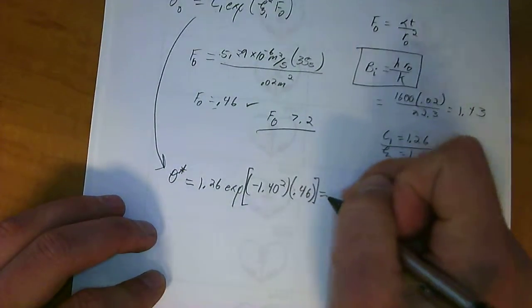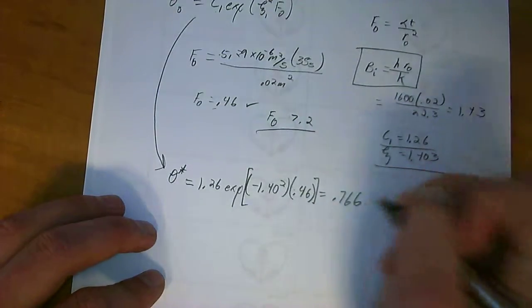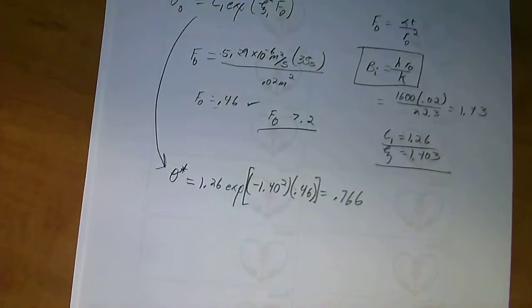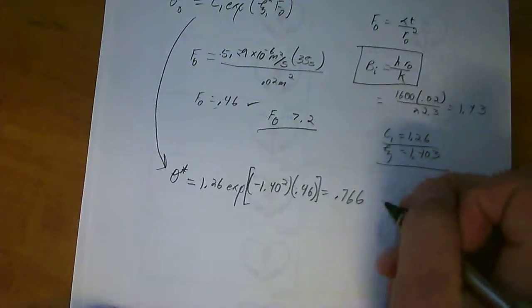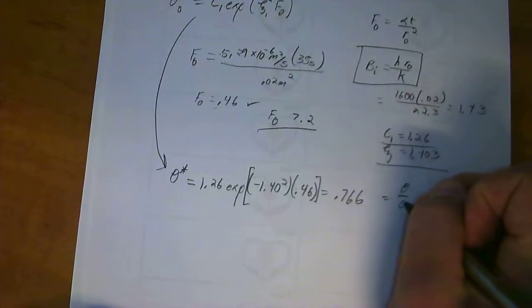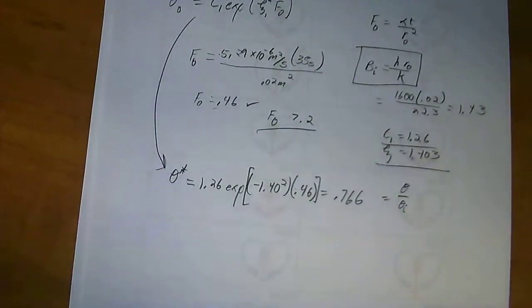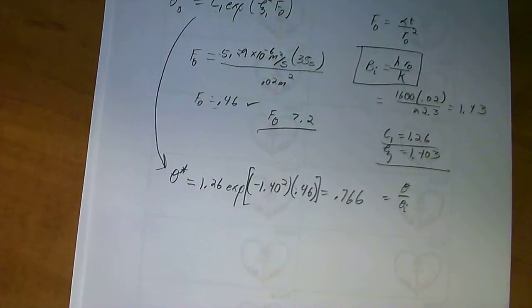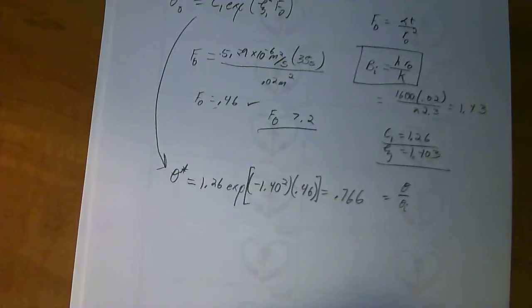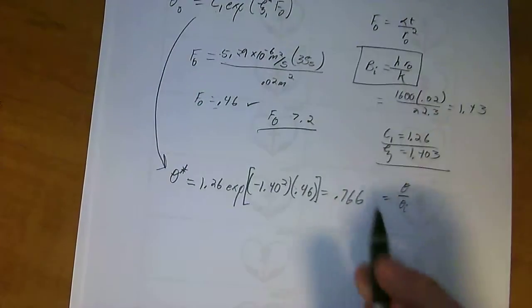And if you solve that out, it will equal 0.766. Okay, so now we have this theta star, which is actually equal to theta over theta I, if you want an explanation for that.